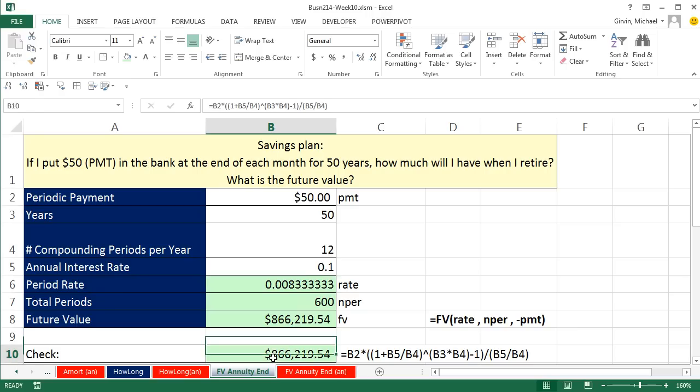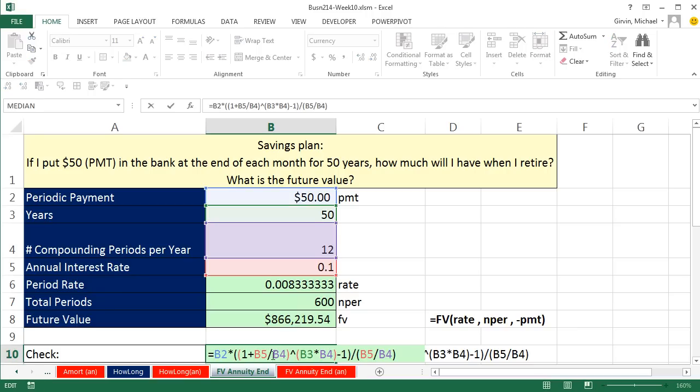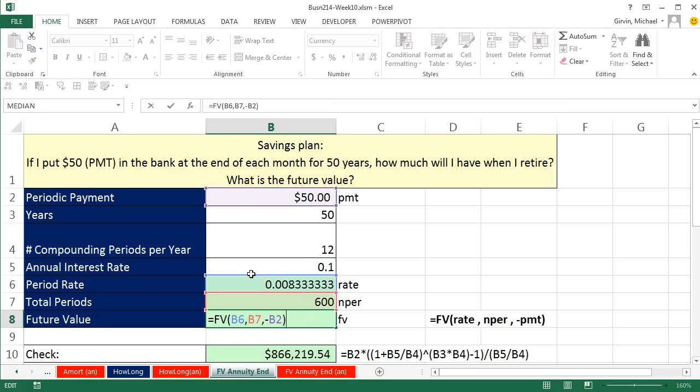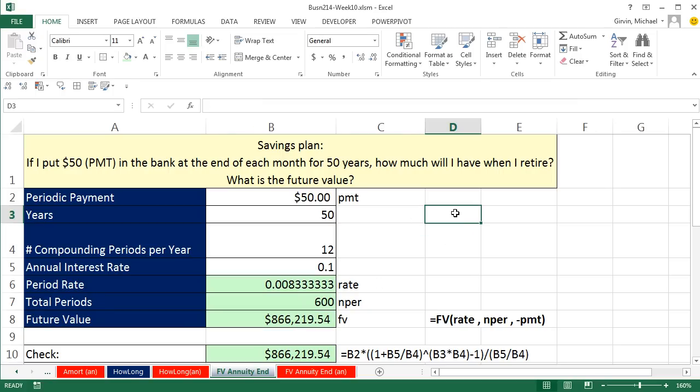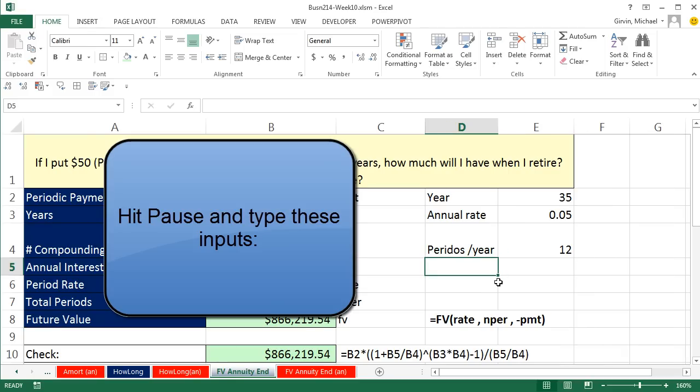Yeah, so just at a quick look here, we're lucky we have the future value function, so we don't have to do this annuity formula, which is beautiful, but that's a lot easier, especially if you're doing finance and doing this kind of stuff day in and day out. Now let's just assume something. Let's say you get this on the day you retire, and we want to figure out how much we can withdraw each month.